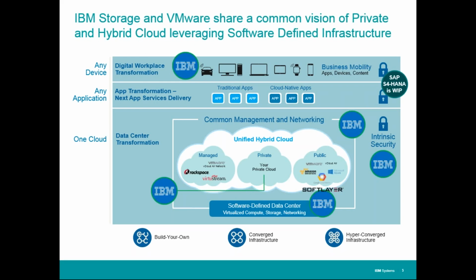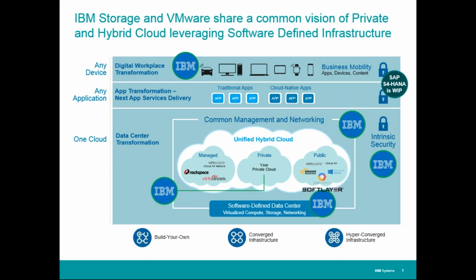Now, where does IBM fit in all this, right? So we truly believe, and we've established this, that IBM Storage and VMware share a common vision of private and hybrid cloud leveraging the data center OS, SDDC. And this is manifesting itself in several ways when you look at the content, right?